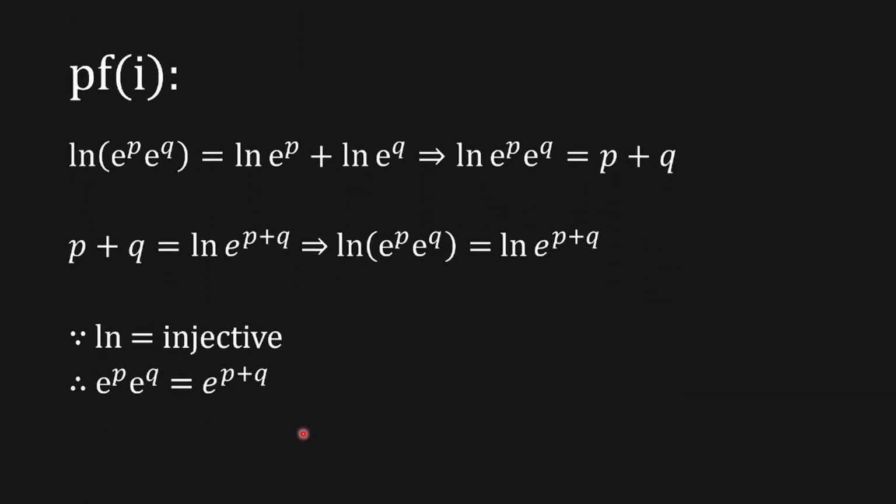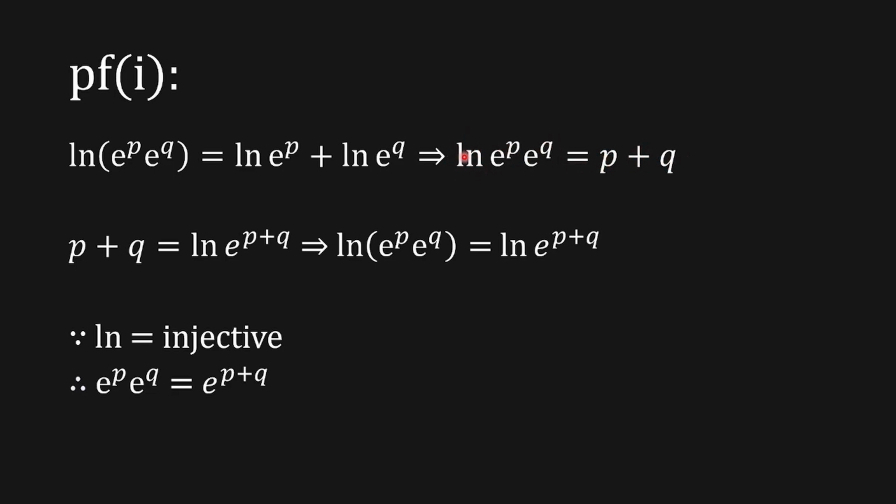The proof of point 1. Alright, let's start off with the natural logarithm with input e to the p times e to the q. We can separate this into two terms by point 1 for natural logarithm laws. This is equal to ln of e to the p plus ln of e to the q. And this implies that ln of e to the p times e to the q is equal to p plus q, right?